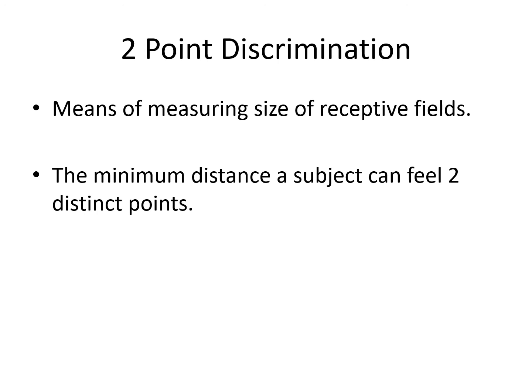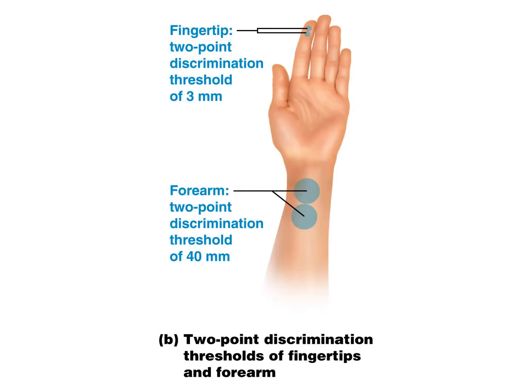In this last figure, we show a demonstration of two-point discrimination. Remember, in our fingertips, we have many receptors that have small receptive fields. That means you should be able to resolve a smaller distance between two points.